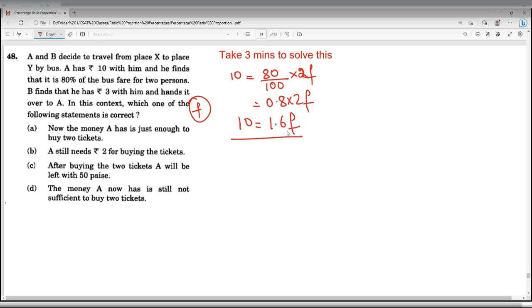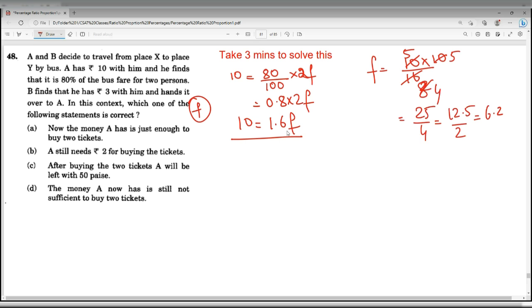So F is equal to 10 divided by 1.6, which is 100 by 16, which is 25 by 4. This is equal to 6.25.